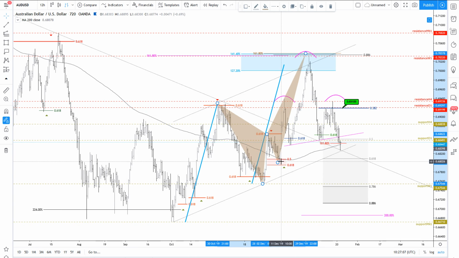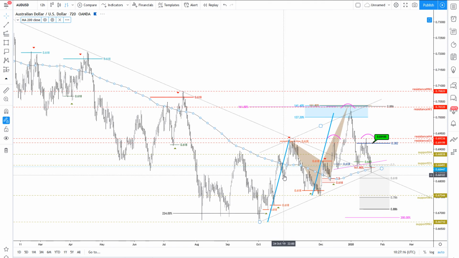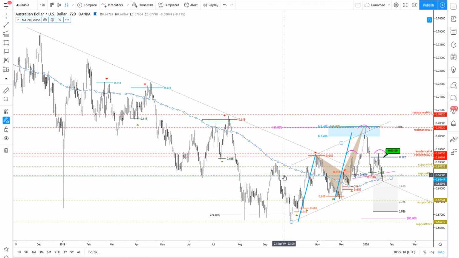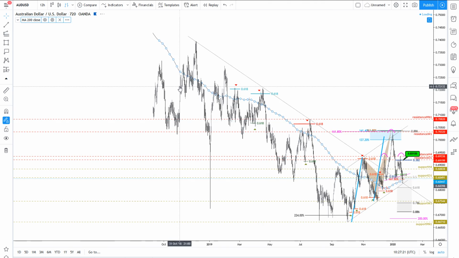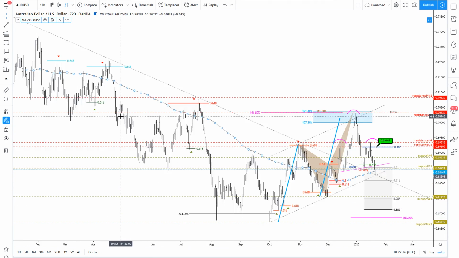When I saw the price recovering this 200 moving average, there's one specific reason why I entered this trade. If you go back and search for those levels previously, you will find them.